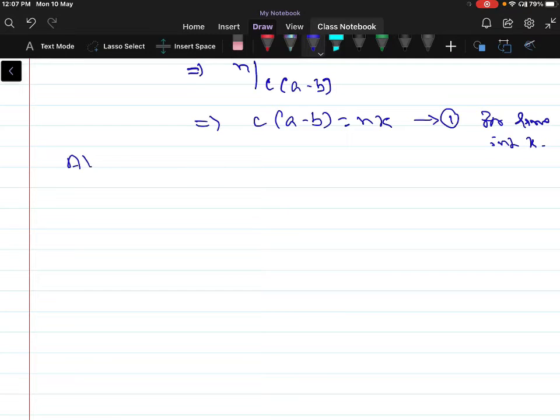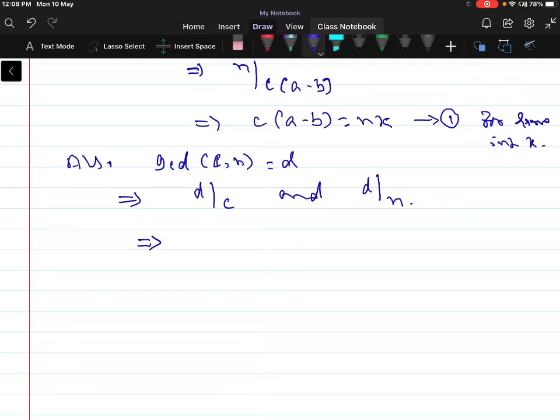Also, we know that GCD of C comma N is equal to D, where D is the greatest common divisor of C and N. So this implies D divides C and D divides N also.